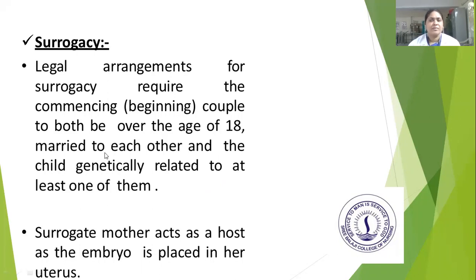If the man and the woman are not able to carry children in their womb, they will get a surrogate mother, so that the mother will conceive with the sperm of the couple's male partner. Then it will be transferred with the help of intrauterine insemination, and that surrogate mother will conceive and give birth to a child, and that child will be taken by this couple.